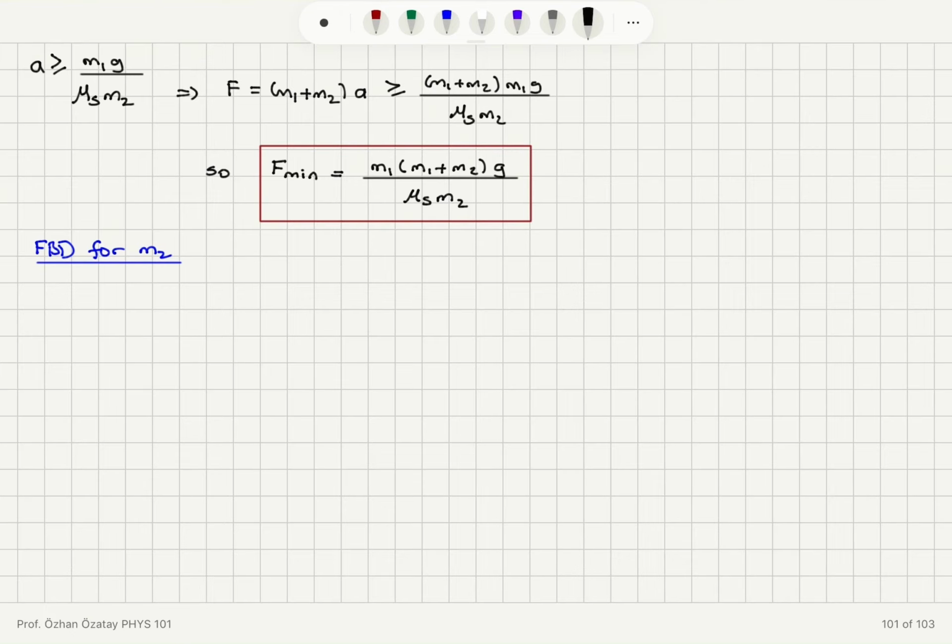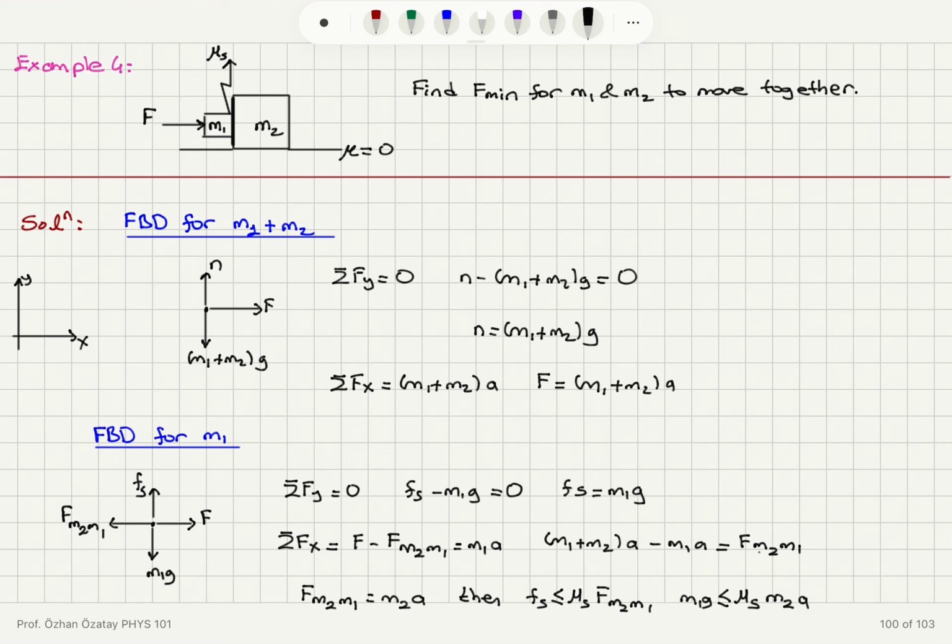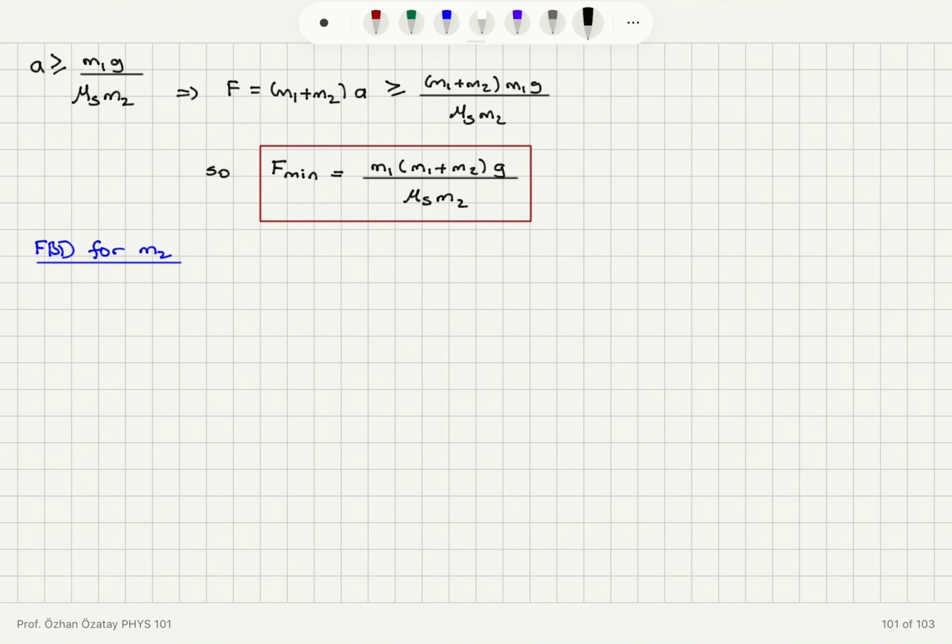Okay, now just to double check, I want to draw the free body diagram for m2 as well. So m2 is modeled as a single point. It has a weight m2g pointing down. It's going to feel a normal force from the bottom surface, N2, pointing up. It feels the force due to m1, the force exerted by m1 on m2, pointing to the right.